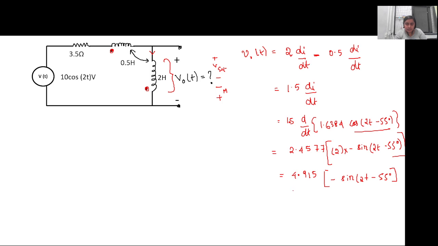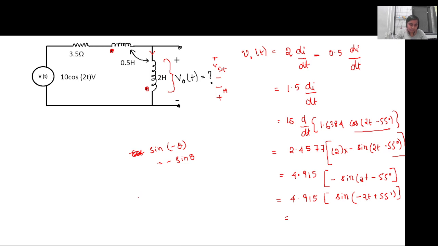Now we will write V naught in terms of cos and get rid of this minus sign. So 4.915, and we know sine of minus theta equals minus sine theta, right? To get rid of this sign, we can write it as sine of minus (2t plus 55 degree), where theta is this value.